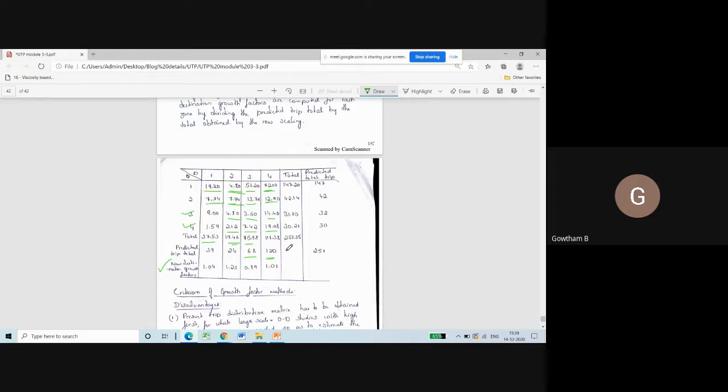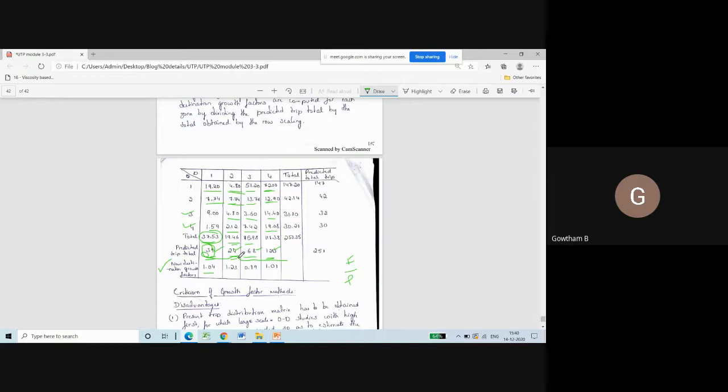Okay, now after calculating these values, write down the predicted values of the destination factors as given in the problem: 39, 24, 68 and 120. In order to calculate the new destination growth factor, use the same formula, future divided by present. Here the future value will be how much? 39, present is 37.53, therefore 39 divided by 37.53 is equal to 1.04.